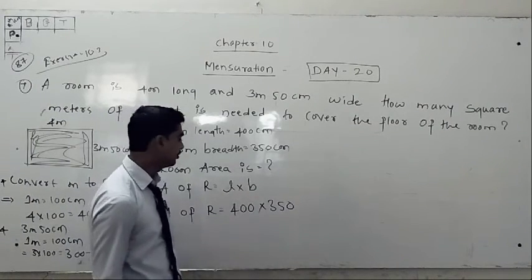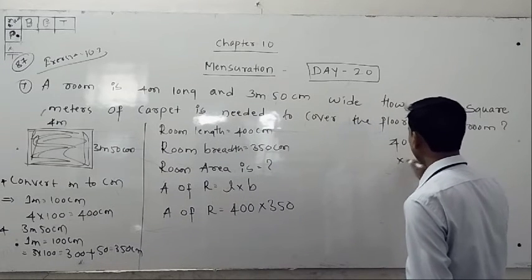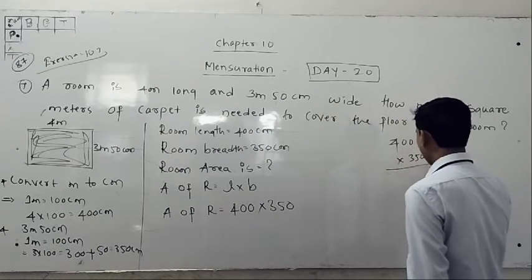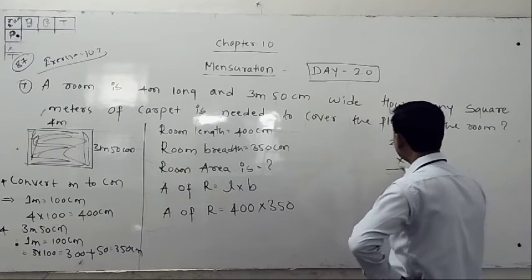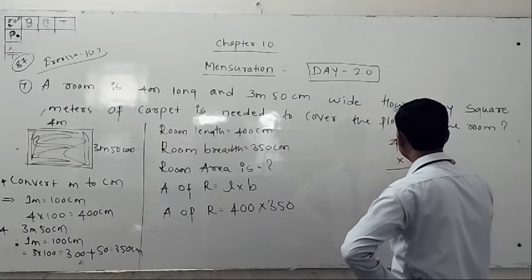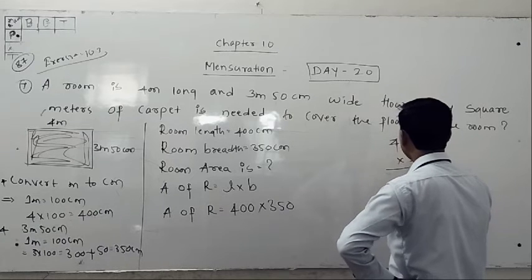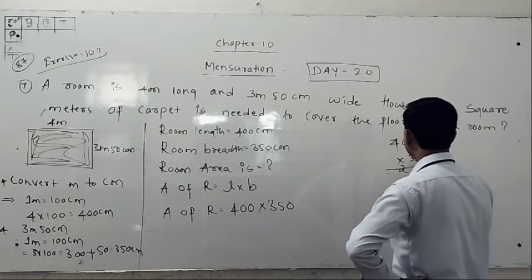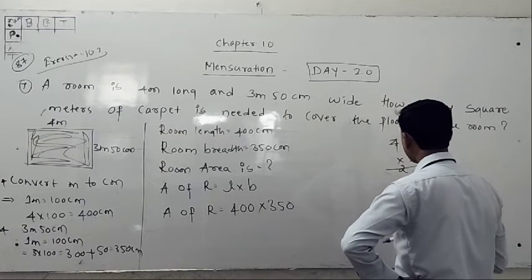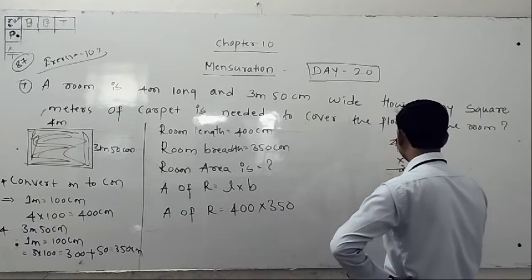350. Okay. Then you have to multiply the given values, 400 into 350. Then you have to do it here. 4 zeros are 0, 4 5s are 20, 4 3s are 12 plus 2, 14.